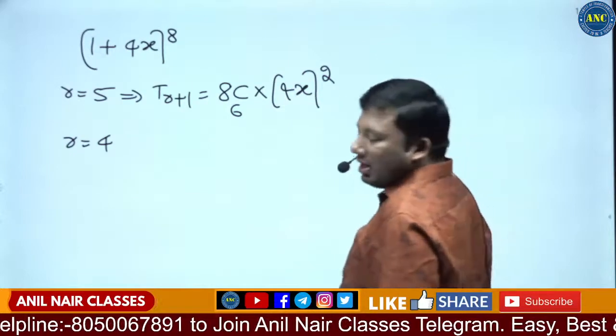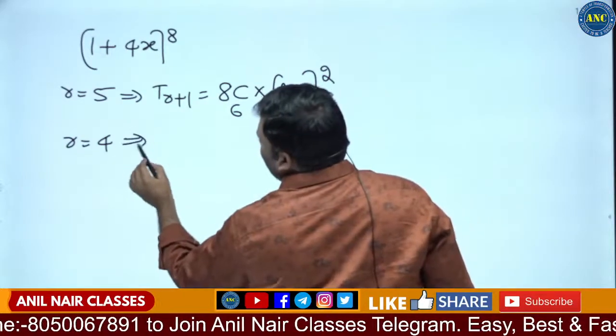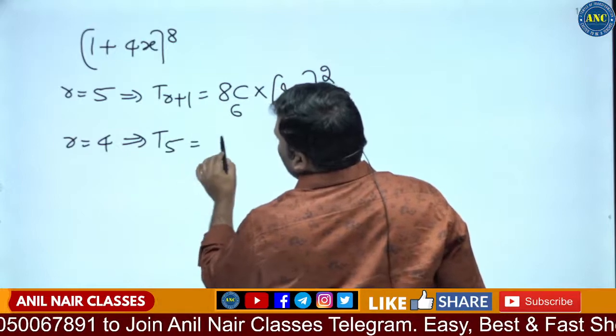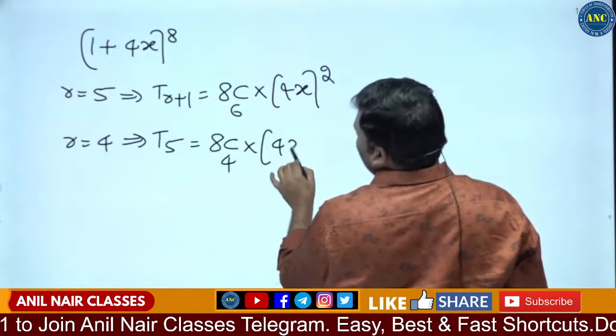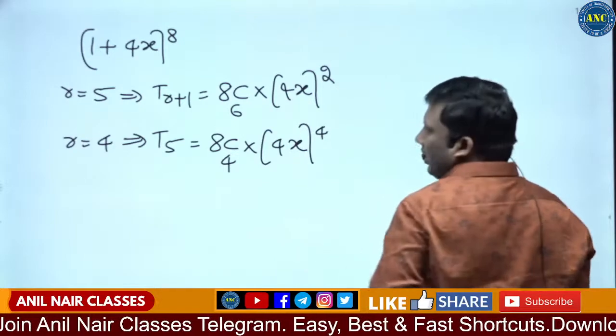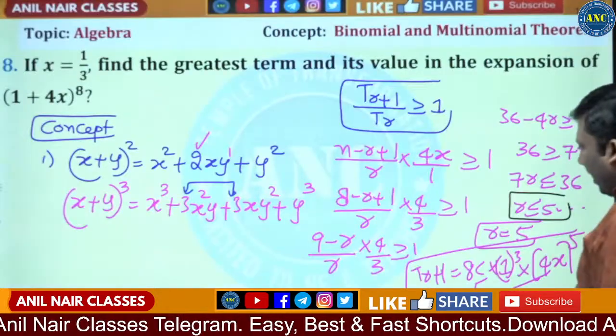Are you all with me? If it is r value 4, T5 is 8C4 into (4x) power 4. I hope the idea is clear.